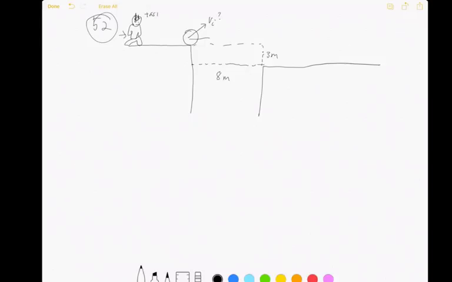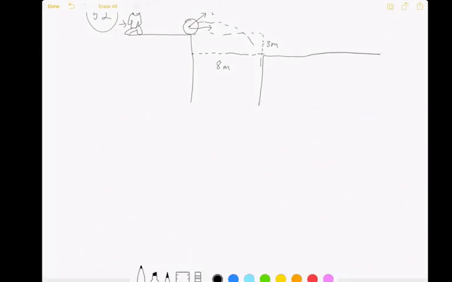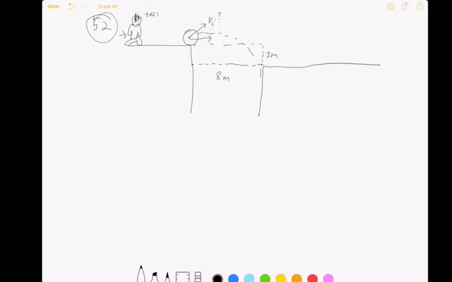And regardless, is he going to make it across? That's the question. So the easiest way to do this is to just go, oh, well, let's just assume they're moving horizontally. Let's just assume they're asking for horizontal motion and go from there.